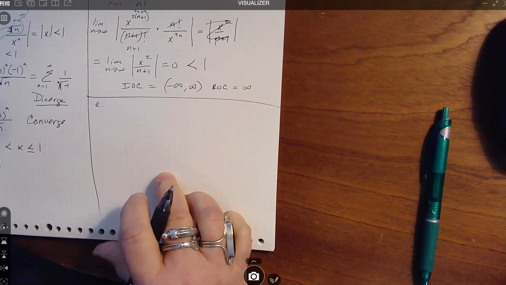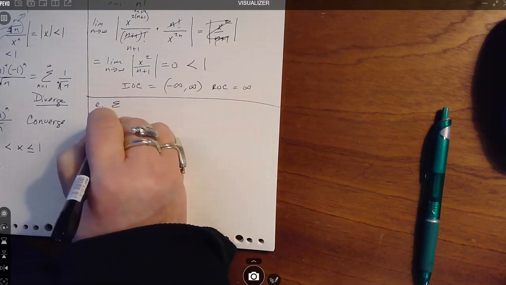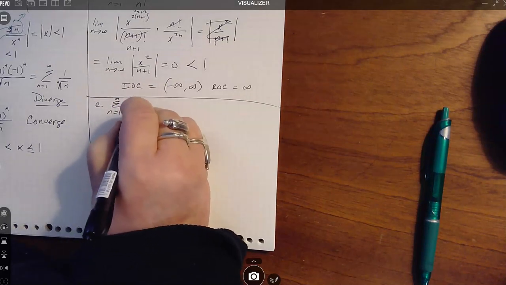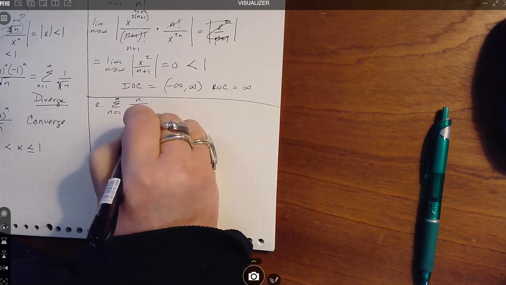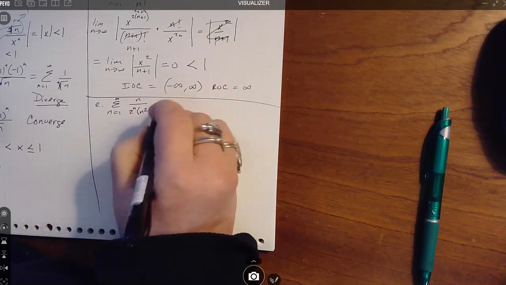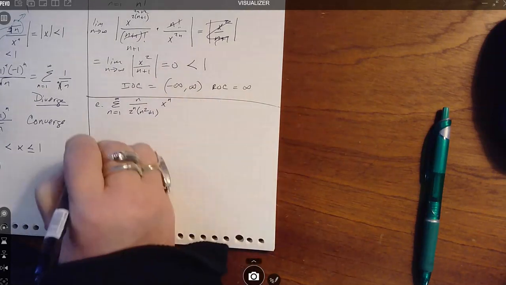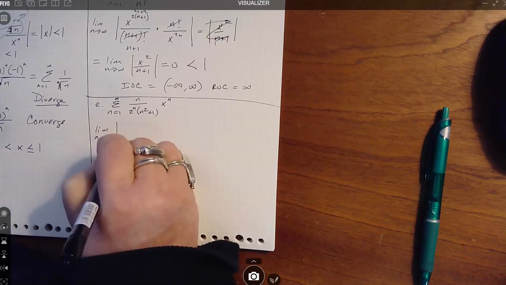E, what is E? Is it messy? Let's see. I have the summation as n goes from 1 to infinity of n over 2^n times (n squared plus 1), x^n. Okay, so I have the limit as n goes to infinity.